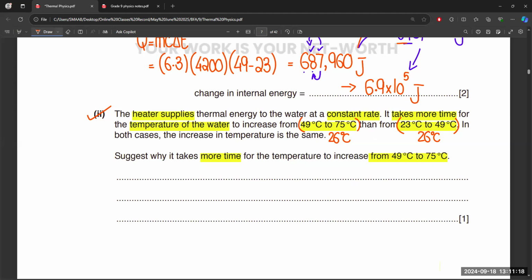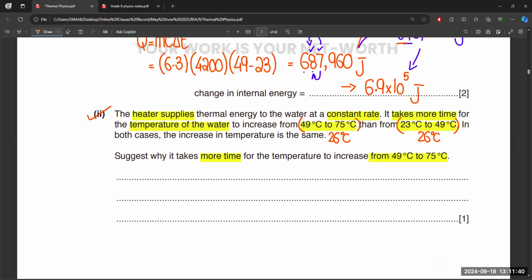But when the temperature of the liquid starts to increase, remember the concept of emission. Now the temperature of the liquid is higher compared to the surrounding, so it also starts to transfer thermal energy to the surrounding.